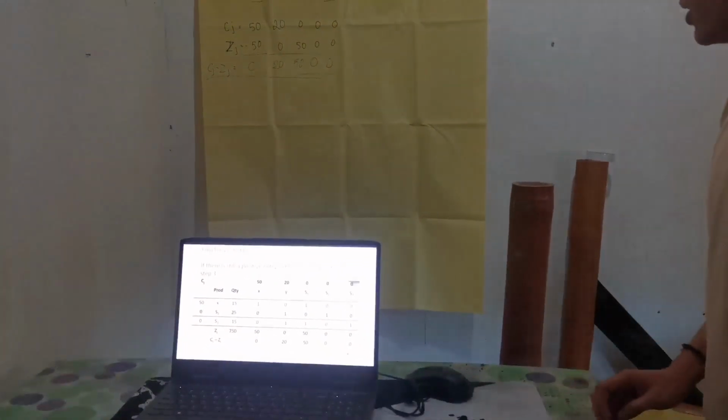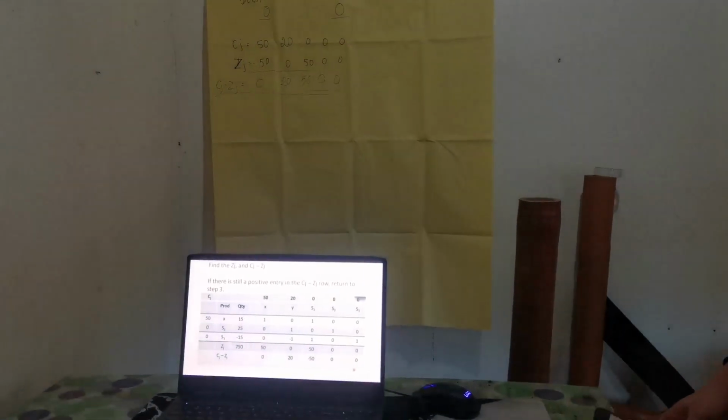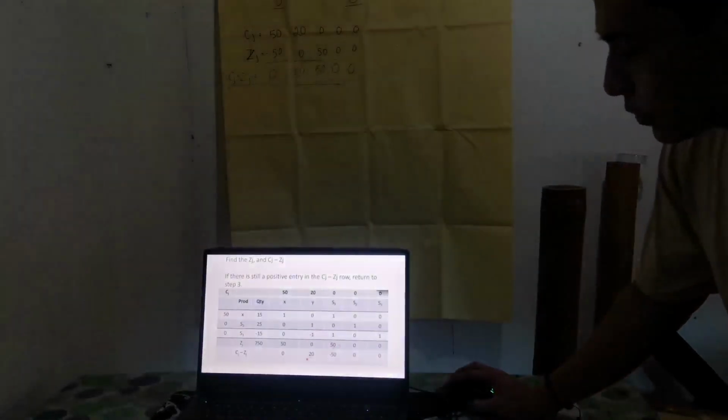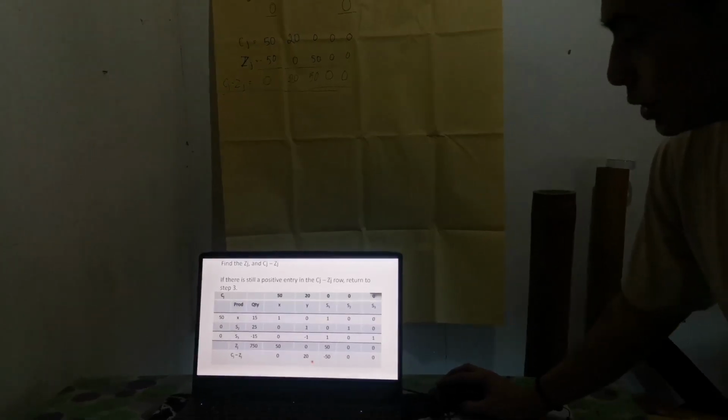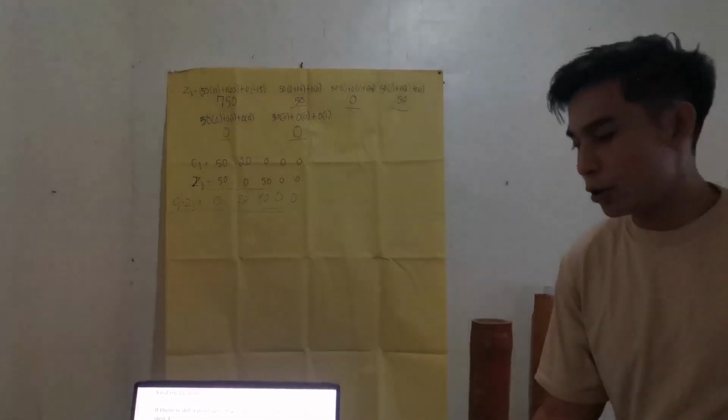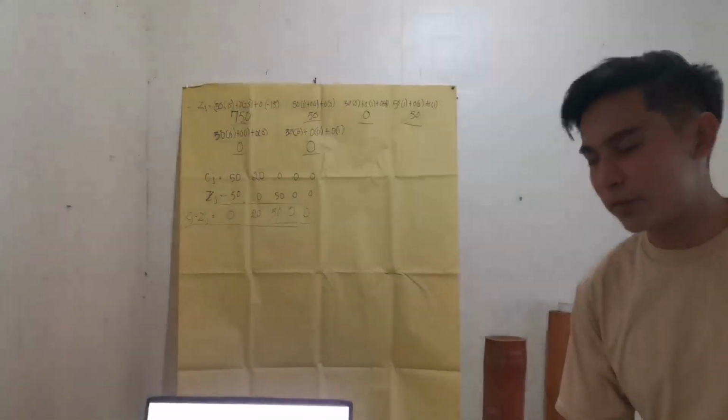And then, napansin nyo na if there is still a positive entry in the C sub J minus Z sub J row, return to step 3. Yung pangatlong step dahil may positive pa. So, napansin nyo may positive pa, which is yung 20. So, di ba pag may positive, i-identify natin yung pivot column, yung most positive value.